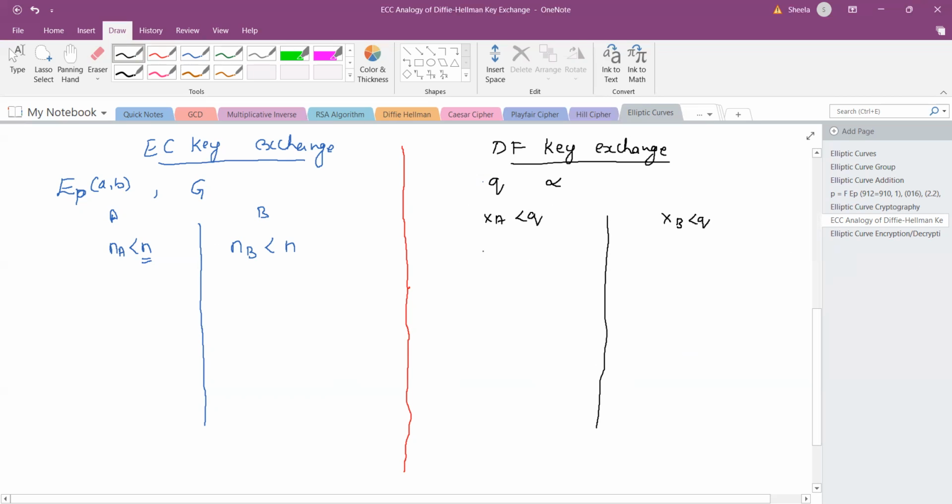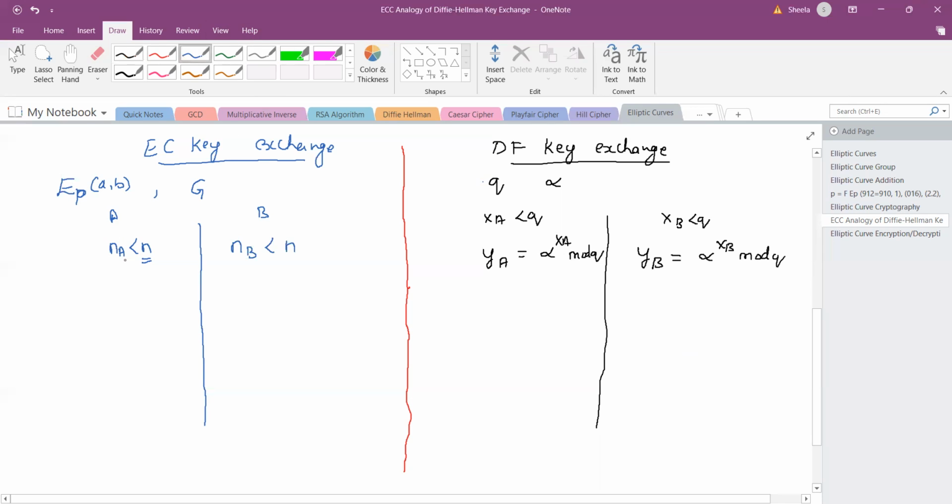We calculate the public key of A as primitive root to the power of XA mod Q, and the public key of B as primitive root to the power of XB mod Q.